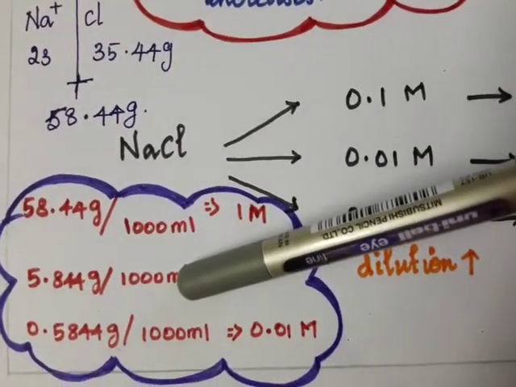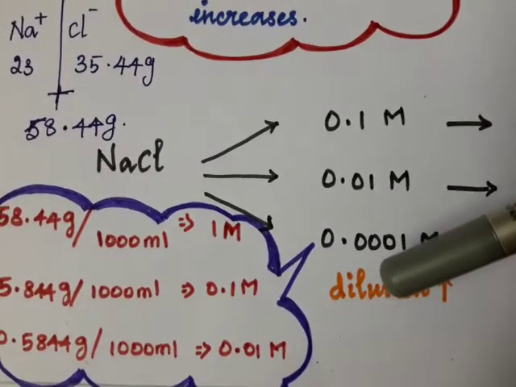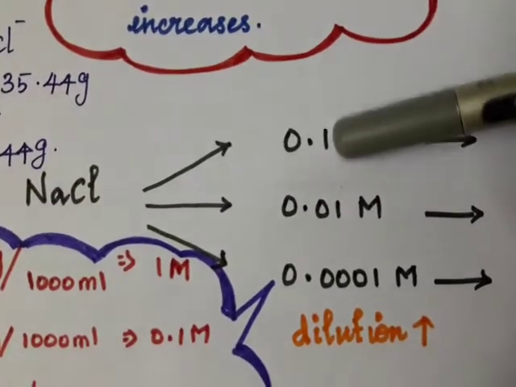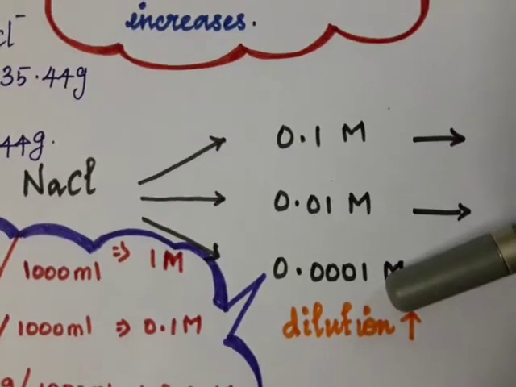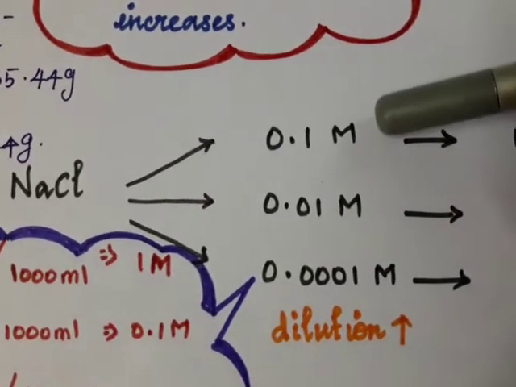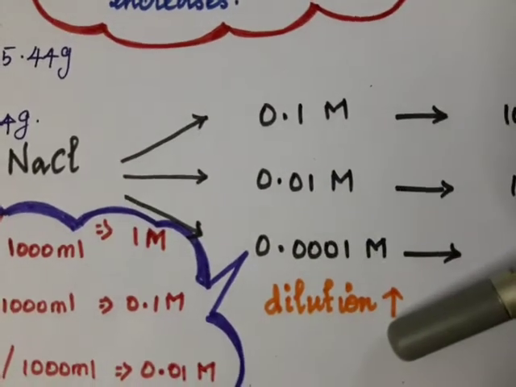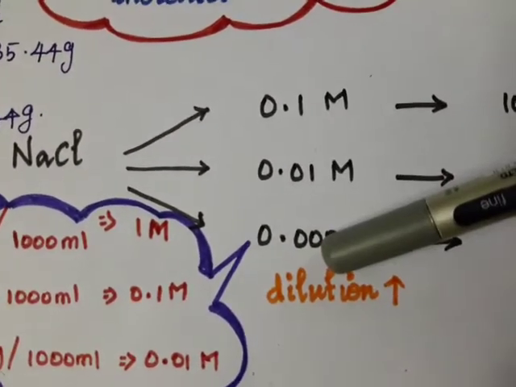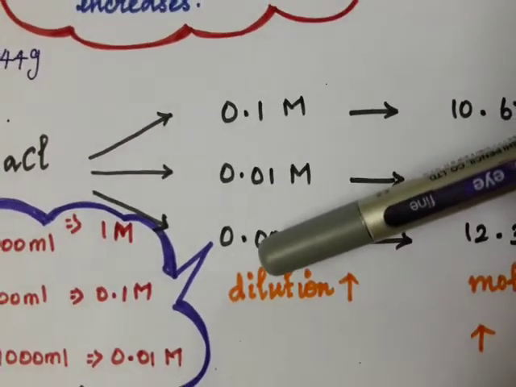If the amount of water increases, we say that dilution increases. So here we have taken 0.1 M, 0.01 M, 0.0001 M, right? When we come from top to bottom, the dilution increases, which means the amount of solute decreases, right?